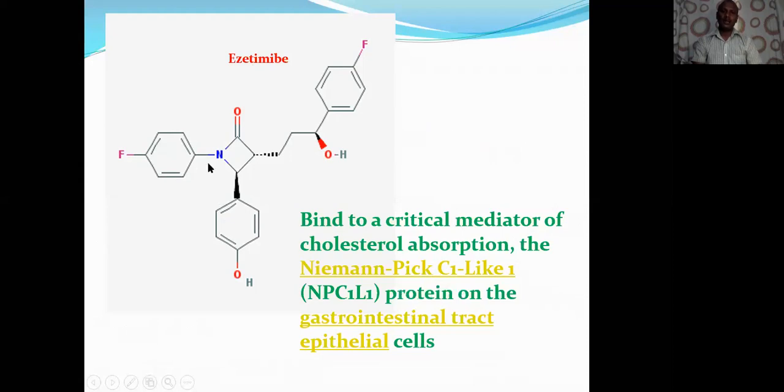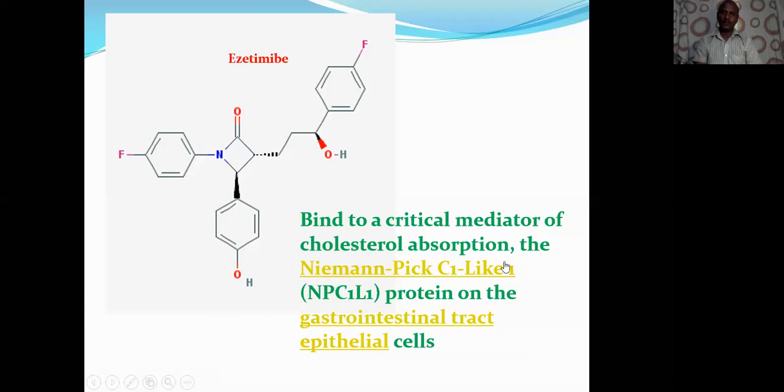Ezetimibe inhibits these proteins so that cholesterol is not transported from the GI tract into the liver or systemic circulation. Thereby it reduces the absorption of cholesterol, and you can use these drugs in the management of hyperlipidemia. NPC1L1 is the protein which helps in the transportation of cholesterol.